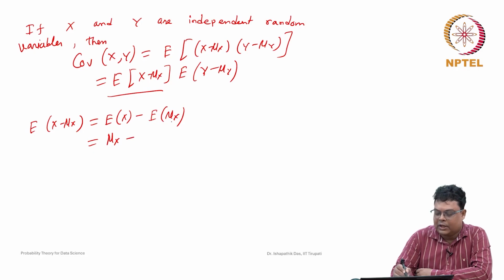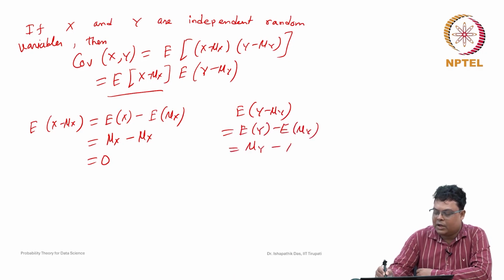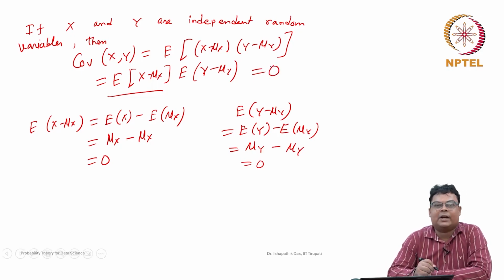The expected value of a constant we have already discussed, this is 0. Similarly, the expected value of y minus mu_y will be the expected value of y minus the expected value of mu_y, which is mu_y minus mu_y, equal to 0. So, hence this is 0 into 0. If x and y are independent random variables, then the covariance will be 0.